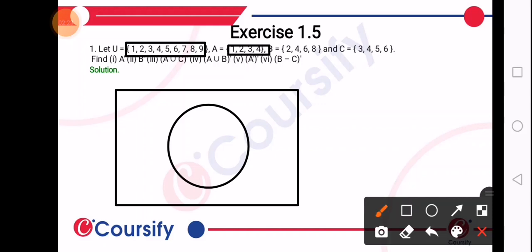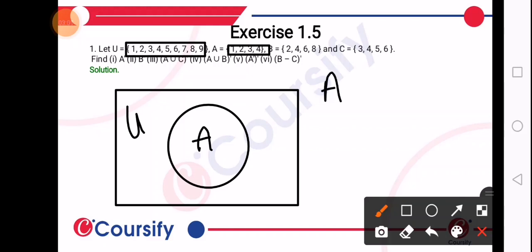Let's assume that this whole box is the universal set U, and this little circle is the set A. The universal set comprises 1 to 9, and A consists of only 1, 2, 3, 4, which is a subset of U.